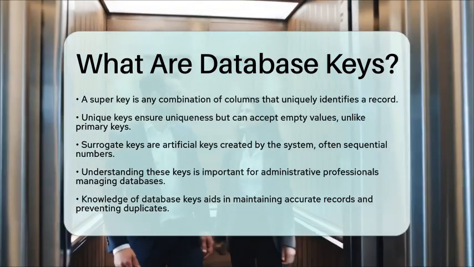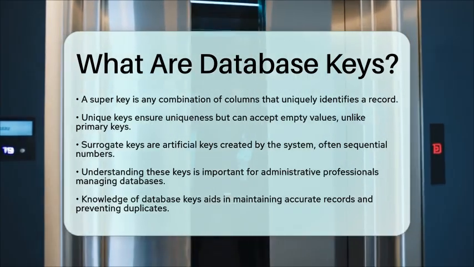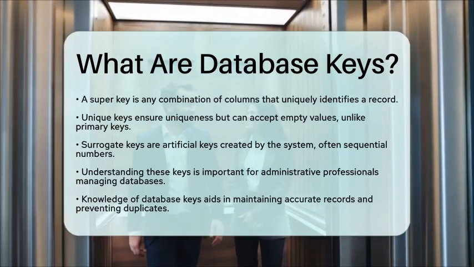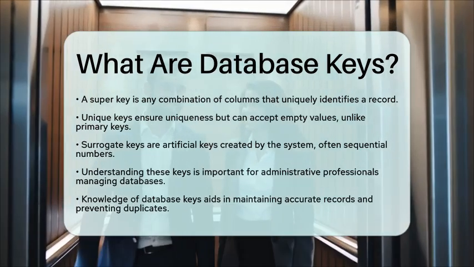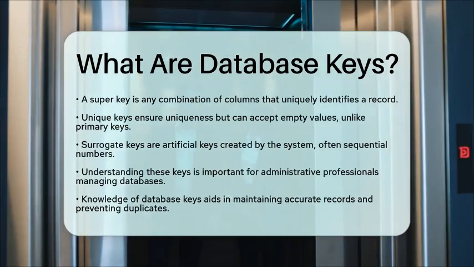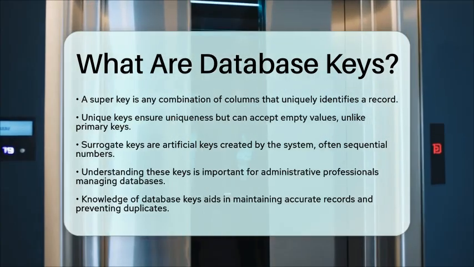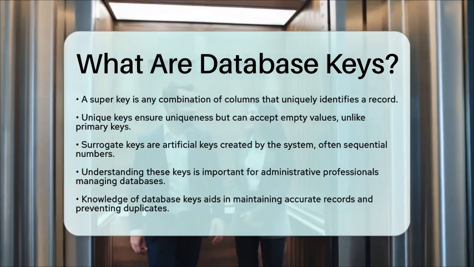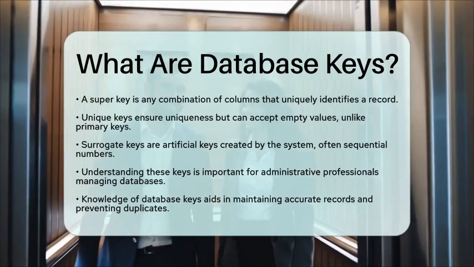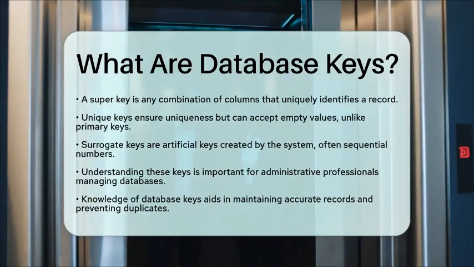For instance, when managing employee information, the primary key, like an employee identification number, guarantees that each employee's record is unique. Foreign keys can link employee records to departments or projects, enabling comprehensive reports on staffing or resource allocation.